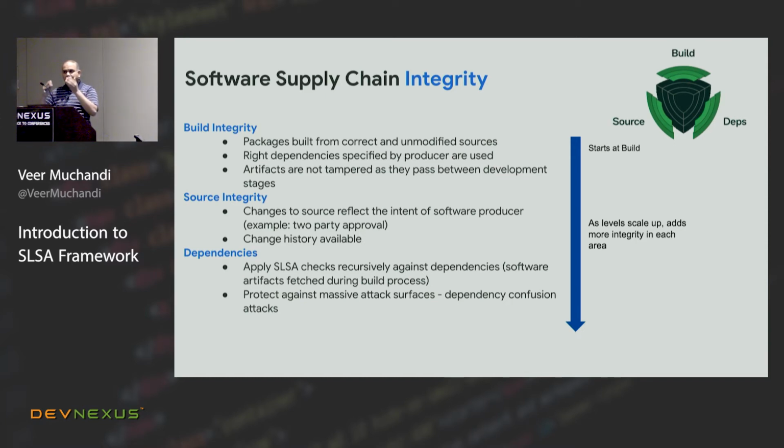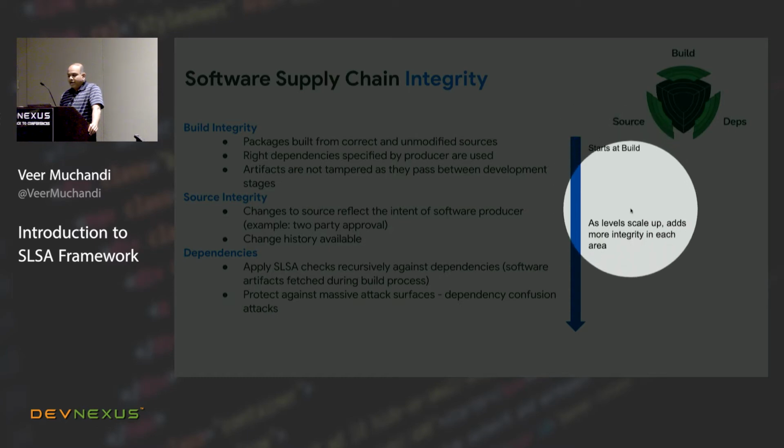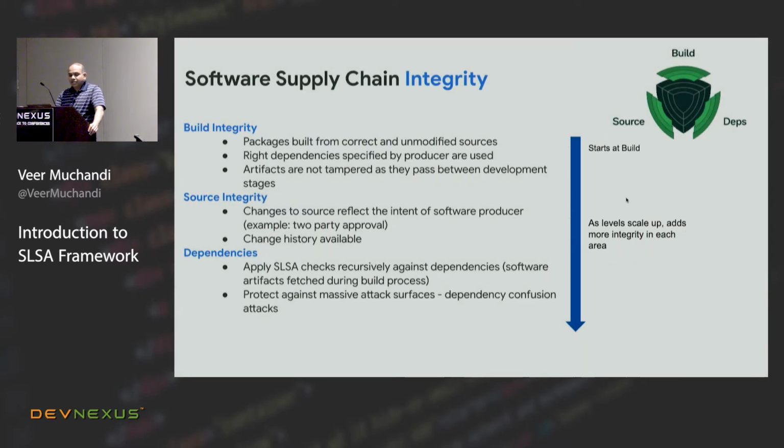The steps to protect the builds, the steps to protect source, steps to protect dependencies. Now, SLSA starts with build integrity, then it scales up and adds other integrities. So it starts with build integrity, then it adds source integrity, then it adds dependency integrity. It goes step by step.